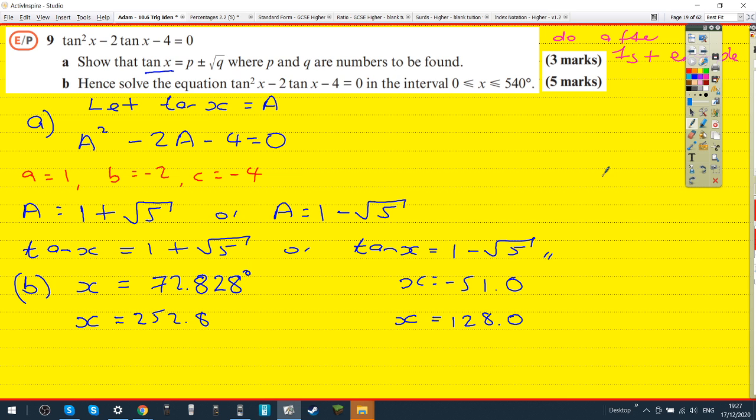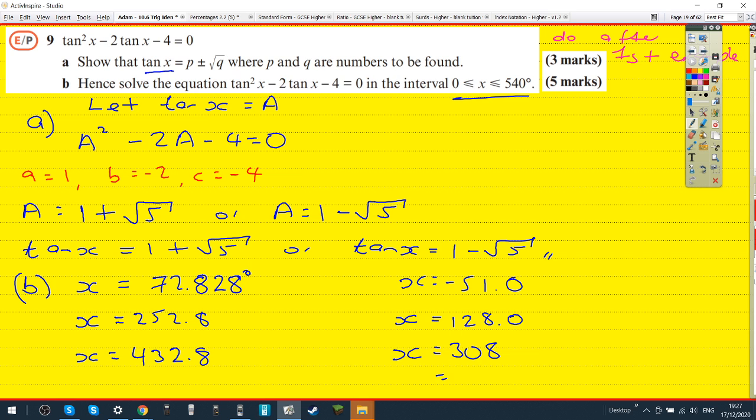So you can get 308 for the right side. For the left side, you can get again 432.8 degrees. And then you can plus 180 to the right side again.